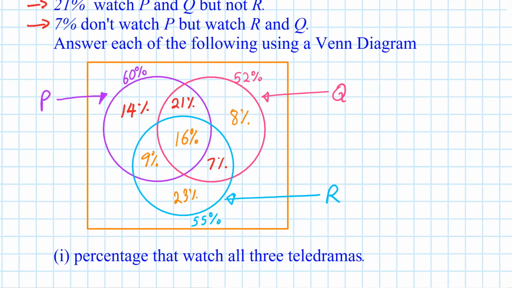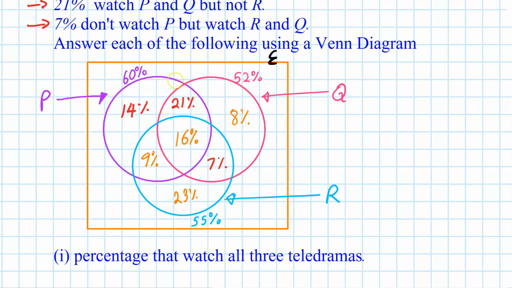One thing that we didn't calculate, the ones who did not watch any of the 3 teledramas. Have a look, 60% here, there's an easy way. We know this is 60% given that we have done all the calculations right. Then you add 60 to 23, that gives you 83, plus 7, 90, and then 8, 98%.